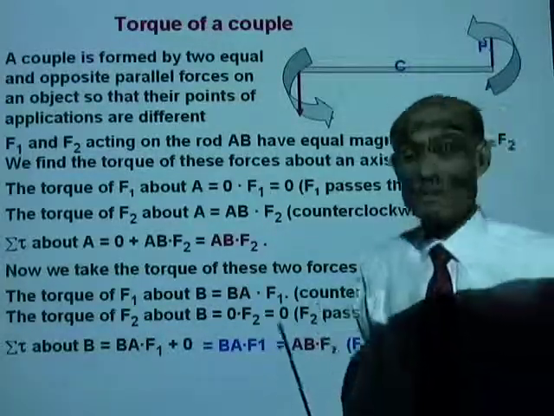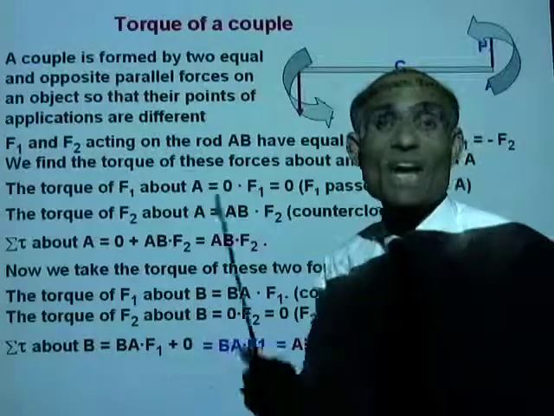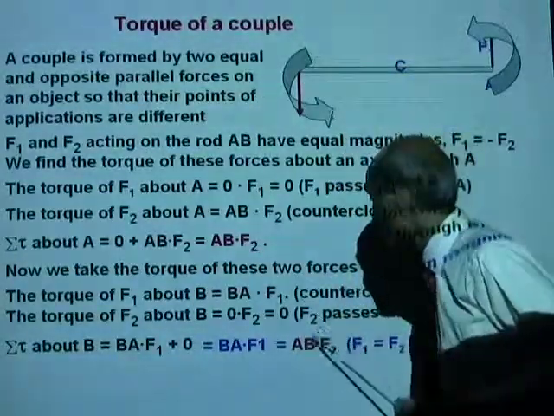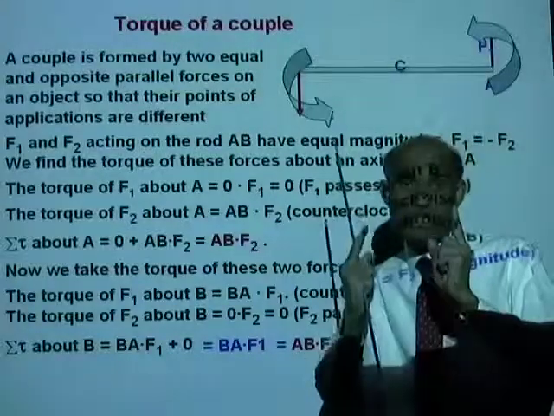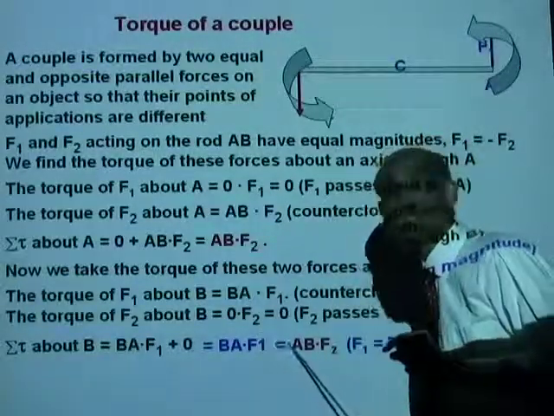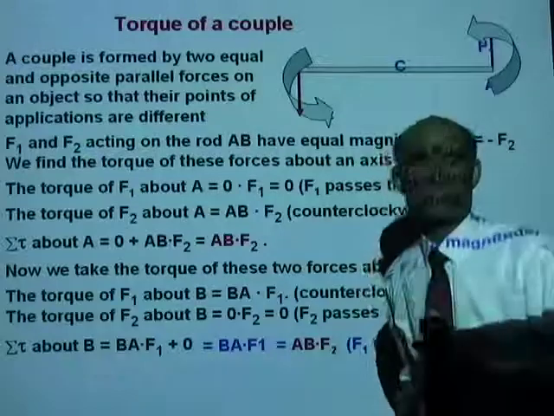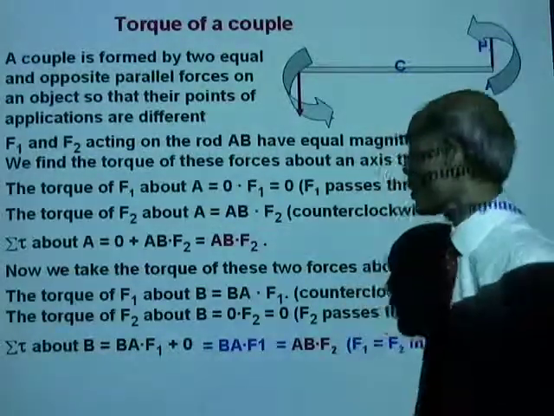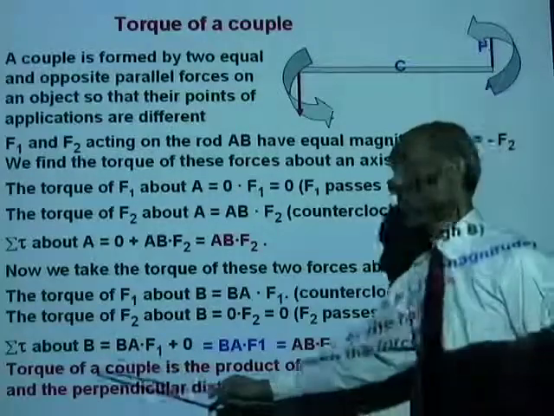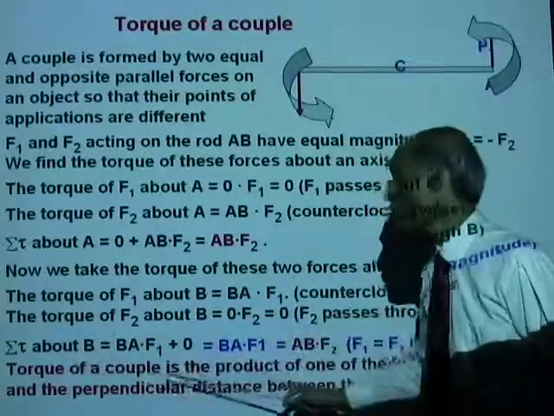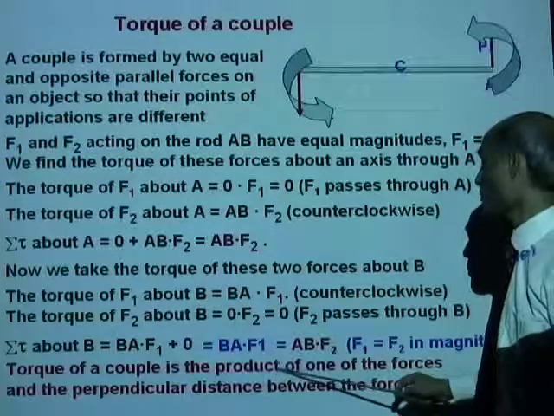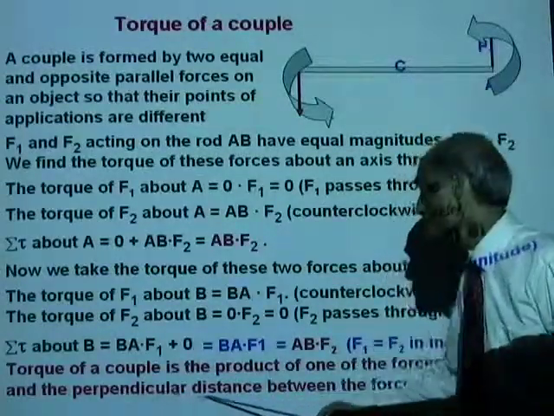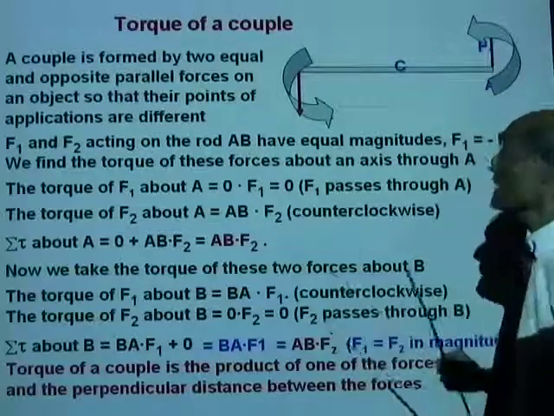So if you want to find the torque of a couple, all you need to do is multiply the perpendicular distance between the forces by one of the forces, and that will be a measure of the torque of the couple. So I have defined it here. Torque of a couple is the product of one of the forces and the perpendicular distance between the forces.